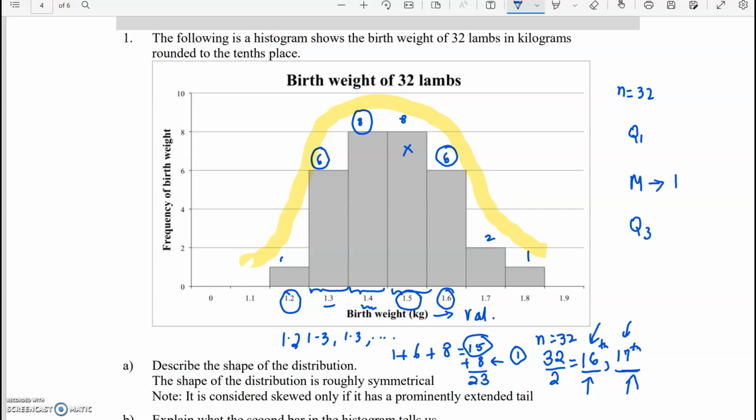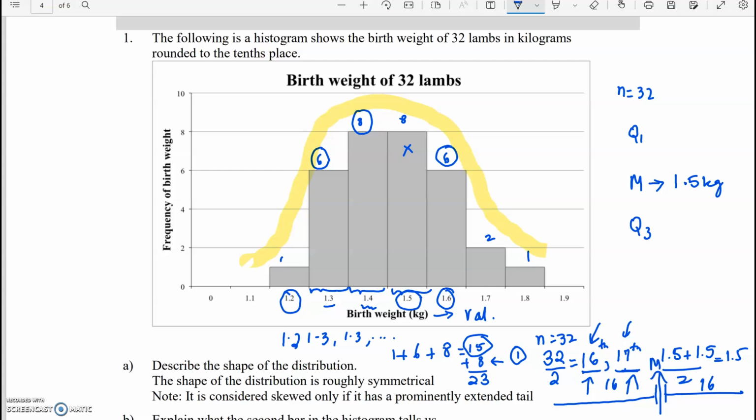We take the 2 numbers and divide by 2 to get 1.5. So 1.5 kilograms is the median weight of the lambs. There are 16 numbers to the left and 16 numbers to the right of the median, which is really the average of these 2 numbers.